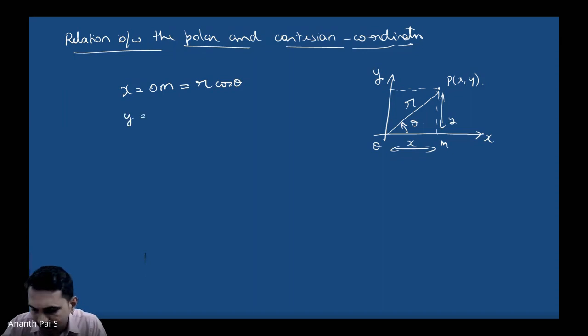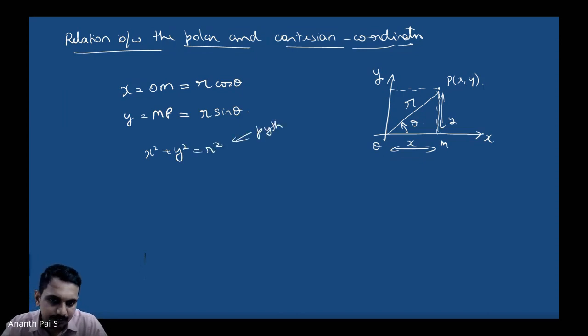And y is equal to MP, which is equal to r sin theta, and x square plus y square is equal to r square, which is Pythagoras theorem. So that we can use.